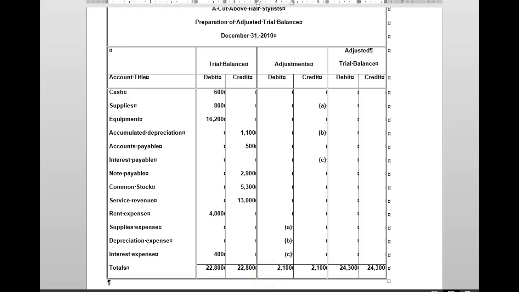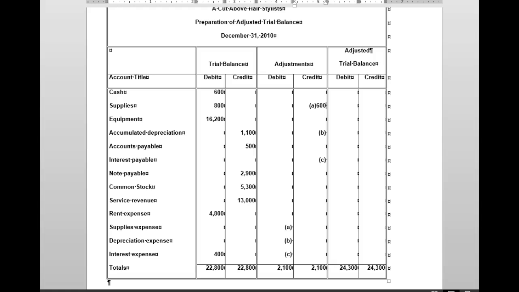Now we're at the end of this period, and we have adjustments. We find out that our supplies on hand are only $200, and we have 800 listed. So we have to subtract from that. Now, it's an asset, so if I want to subtract from it, I need to credit it, right?